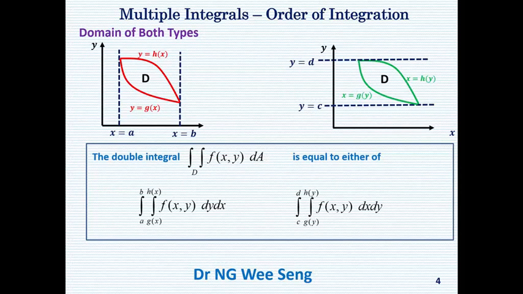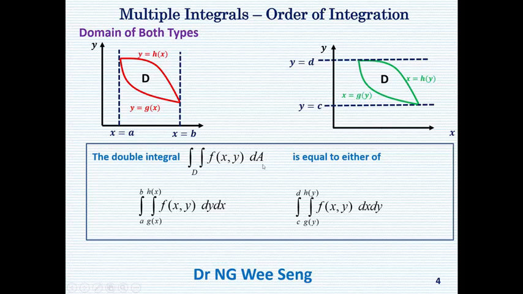It's possible for a domain to be of both type 1 and type 2, as illustrated here. So here's an example of a domain D, which can be viewed as both a type 1 region, where x lies between two constants and y between two functions, or, if you change your perspective, this can be a type 2 region. Here y lies between two numbers c and d, and x between two functions g and h.